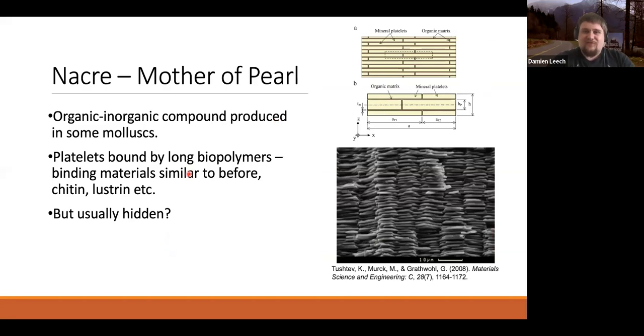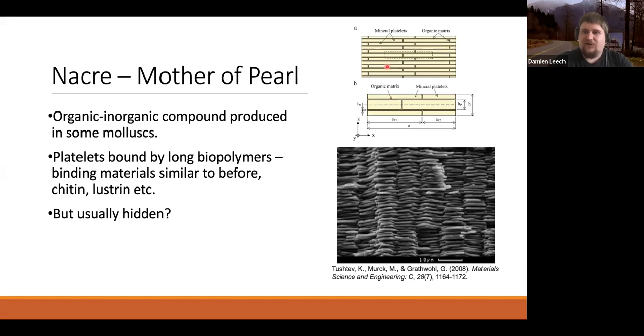So moving away from the insect world, I want to talk to you quickly about nacre. I believe it's pronounced like that. I forgot to look it up. But either way, this is an organic-inorganic compound, generally produced in mollusk shells, so seashells, things like that. What it's comprised of is a brick-like structure, where calcium carbonate bricks are all bound together by some biopolymer, usually chitin or lustrin.